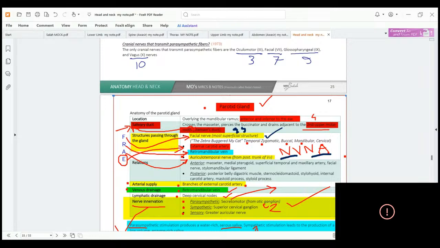It will be the deepest. The external carotid artery also goes through the parotid gland.